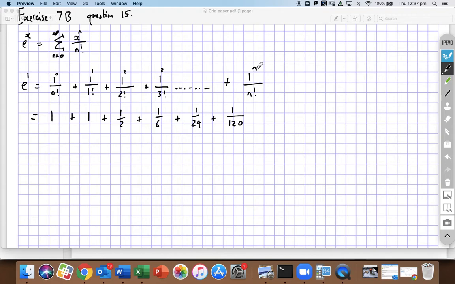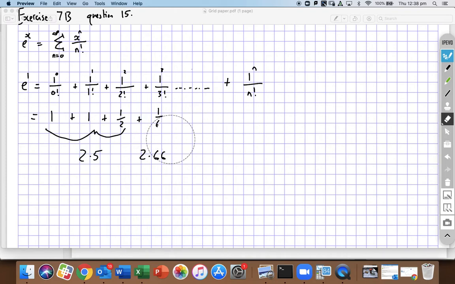For as long as you like, and in fact the n values would go up to infinity, right, to do this sum. You see that at this stage here we're already getting pretty close to what e is, and we'd effectively just be getting more and more decimal places as we kept going with that sum, right? Because here we've already got 2.5, then we plus a sixth, that gets you to 2.66 recurring, and plus a 24th and so on, and you're going to eventually approach your number e, okay?